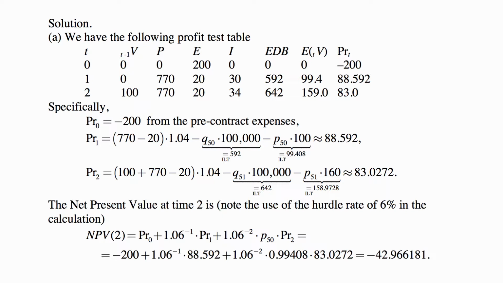The net present value at time 2 is calculated as the expected present value of these profit amounts. But remember that the profit is calculated for all policyholders who are there at the beginning of the policy year.